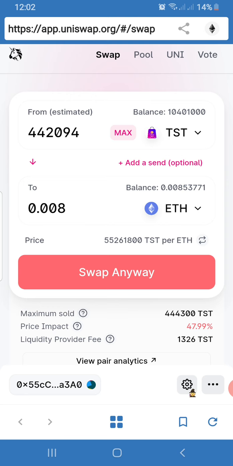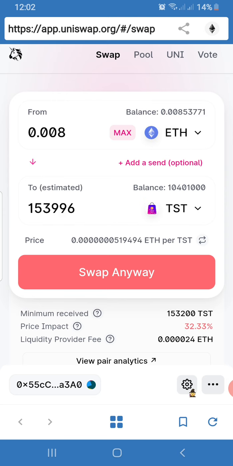So what does this mean? It means that if you have more people selling after you've provided liquidity, then you're probably going to have more TST in the liquidity pool. If you have more people buying, in this case you're going to have more Ether in the liquidity pool.